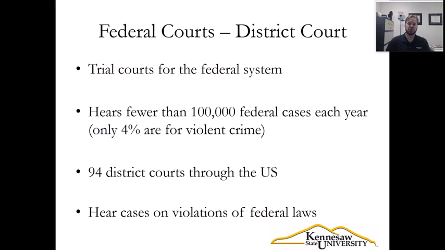There are 94 districts throughout the U.S., and they hear cases on violations of federal laws, as well as violent crimes through the Federal Assimilative Crimes Act, which means that if you commit a violent or criminal act on federal property within a state, then the state law applies, and they will prosecute you under that in federal court.